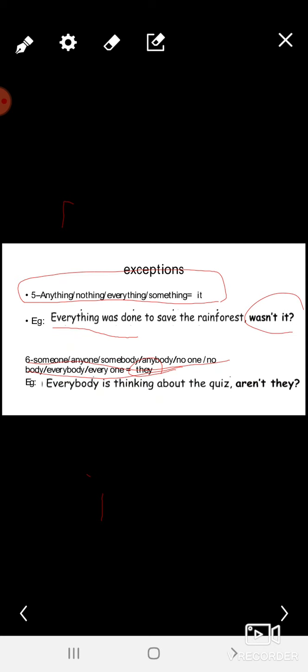We don't say isn't it. Here we consider everybody as they. So we say, aren't they? Not isn't it. This is very, very important. This is an exception, because based on the rule, it should be isn't it, because the auxiliary in this statement is "is", but we use they instead of that.